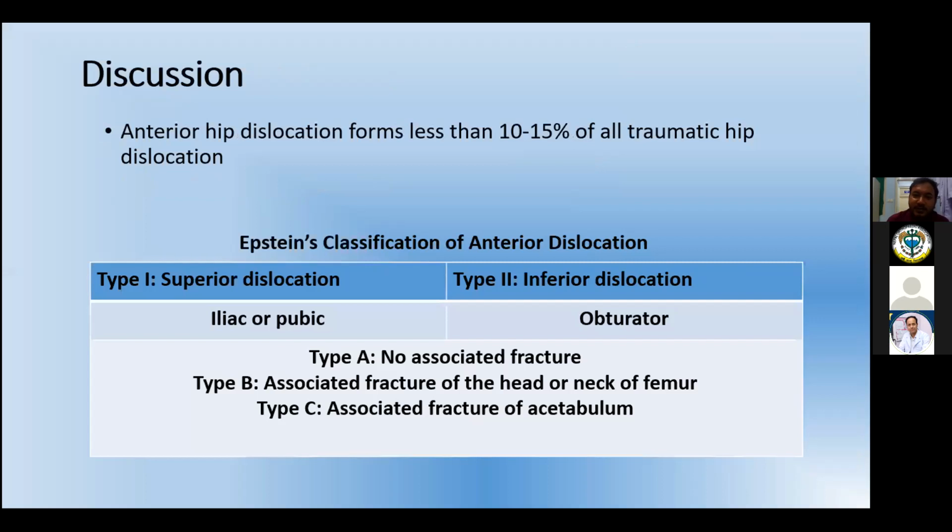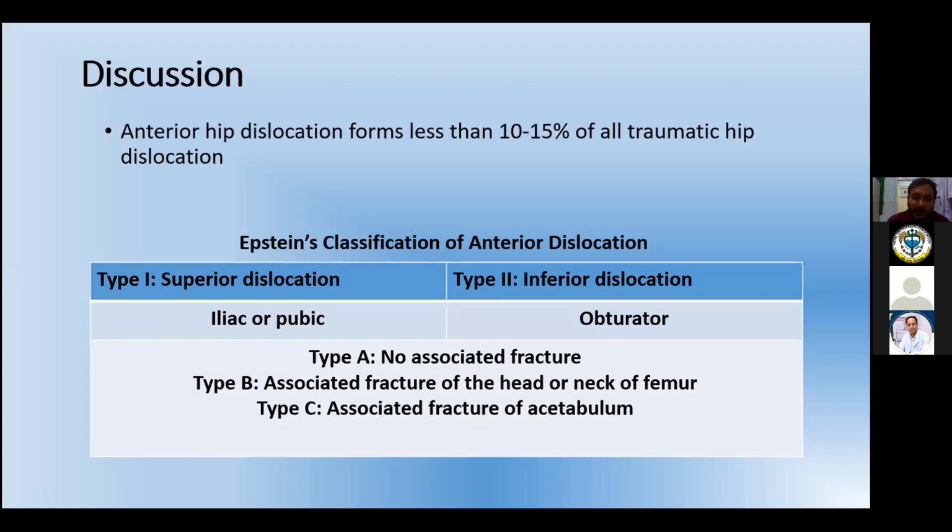Anterior hip dislocation forms less than 10 to 15% of all traumatic hip dislocations. According to Epstein, the anterior dislocation is classified as superior dislocation type 1 and inferior dislocation type 2.